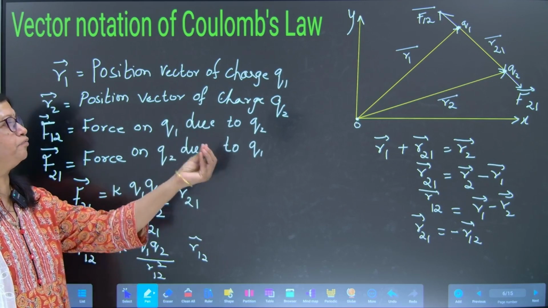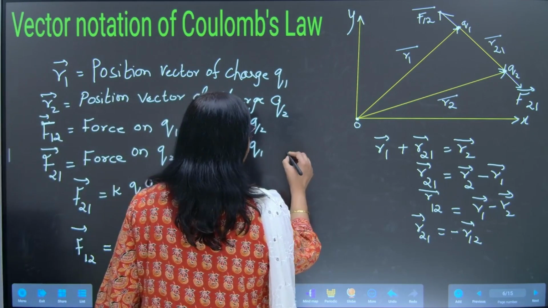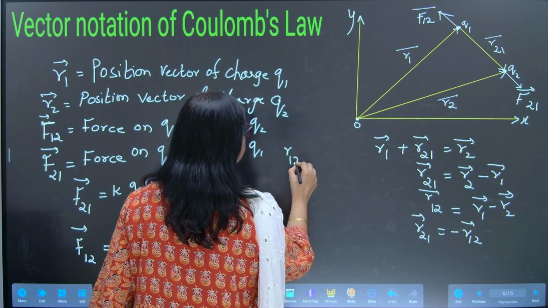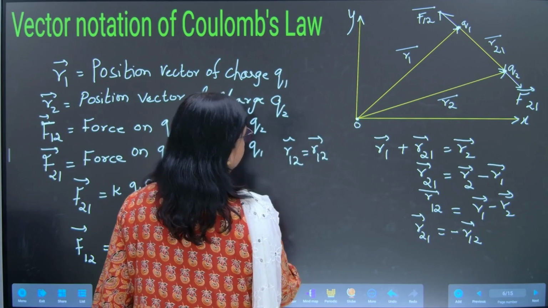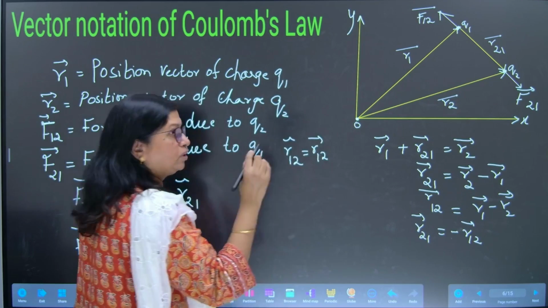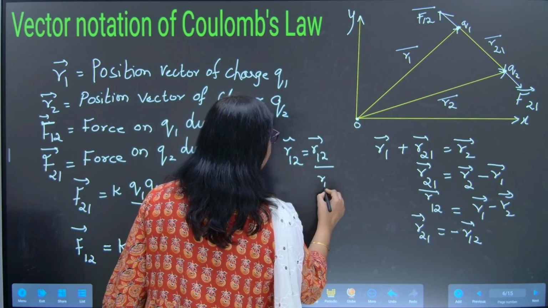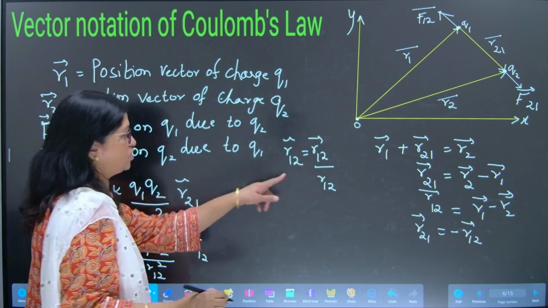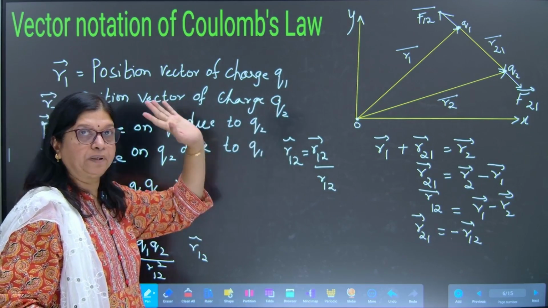So here we define the unit vector as R12 cap is equal to R12 arrow, which is going to give us both the magnitude and direction, divided by the R12 magnitude, such that we are only left with the direction R12 cap.